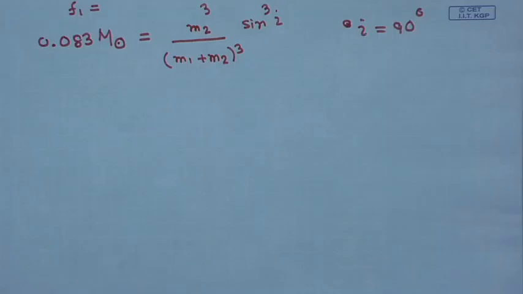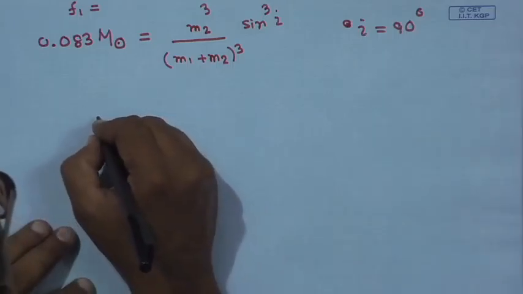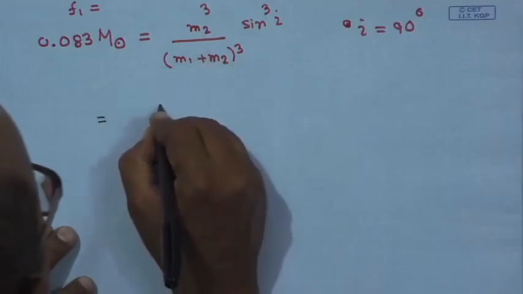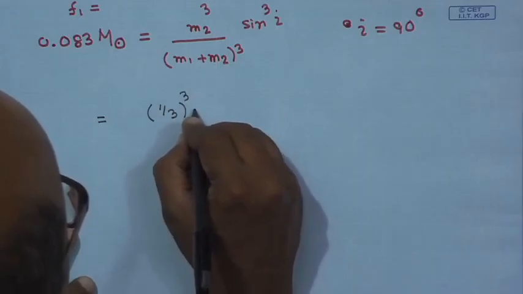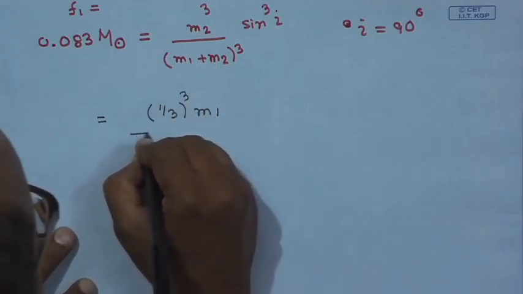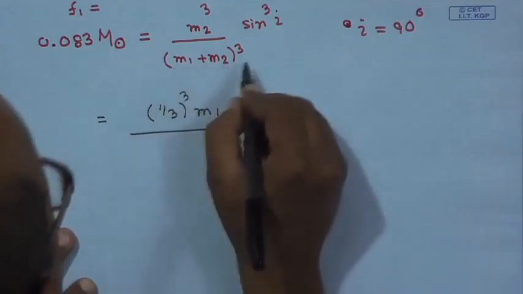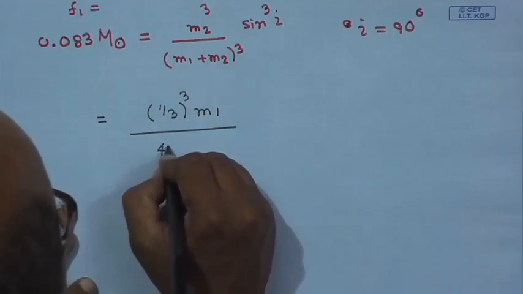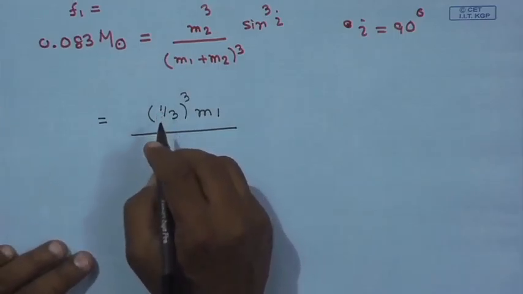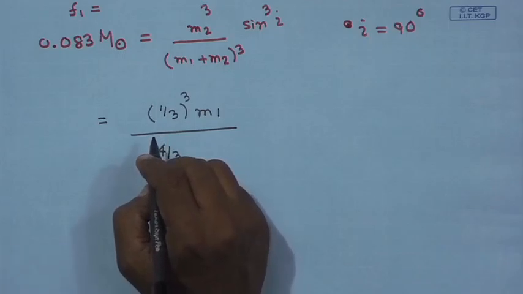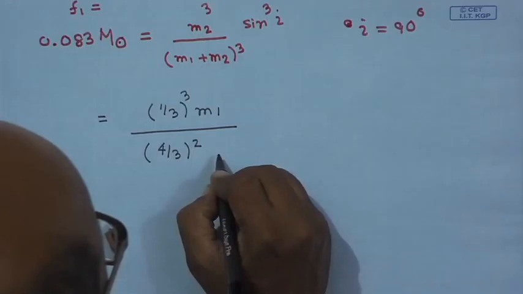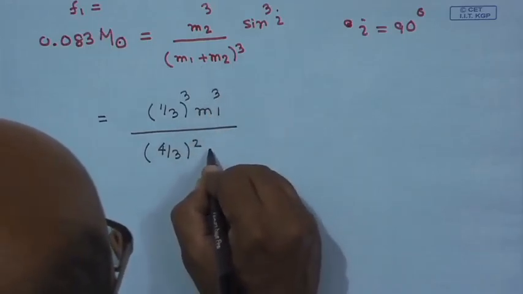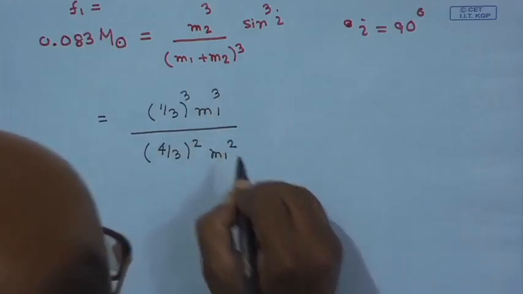Then this is equal to 1/3 cubed of m1 cubed, and here I have 1 plus 1/3, which is 4/3, squared, of m1 squared.